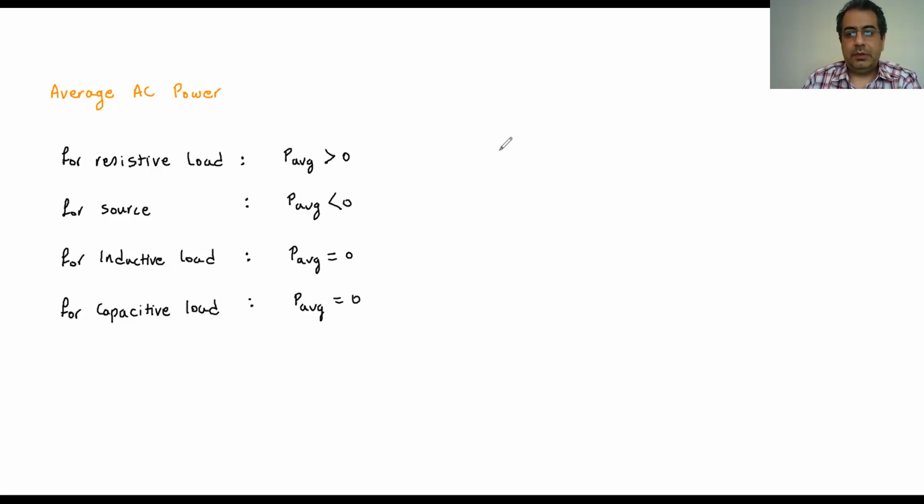So I'll just write the equation again here, which is VRMS times IRMS times cosine theta. We know that VRMS is the maximum of V divided by the square root of 2.